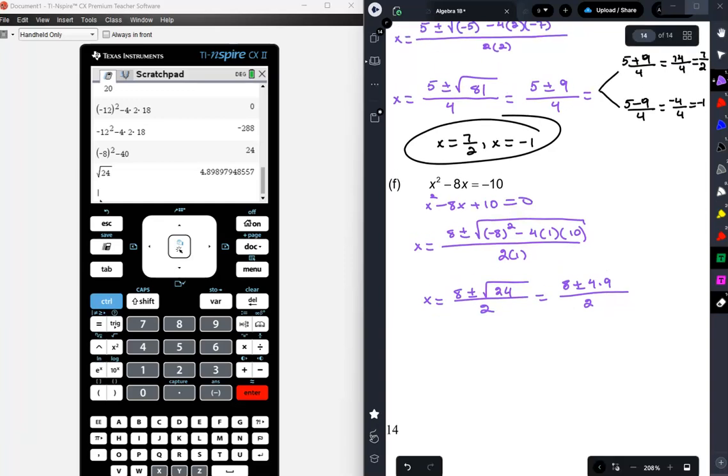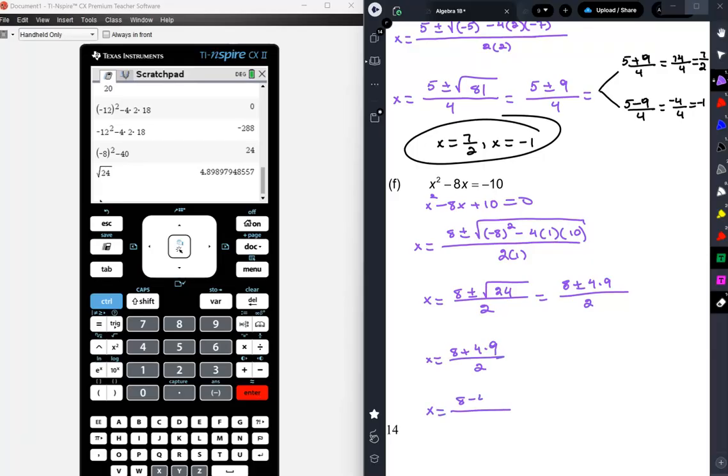Okay, so now x equals 8 plus 4.9 over 2, and 8 minus 4.9 over 2.